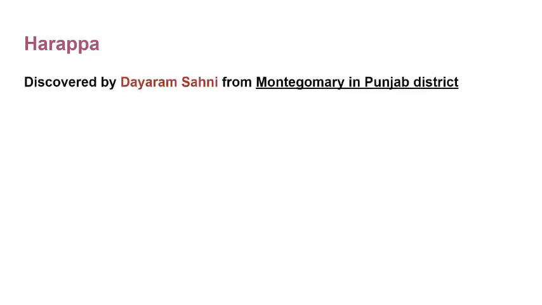In 1921, under the leadership of Sir John Marshall and Colonel Mackay, Dayaram Sahni discovered very ancient remains of Indian civilization from Montgomery in Punjab district near Harappa.